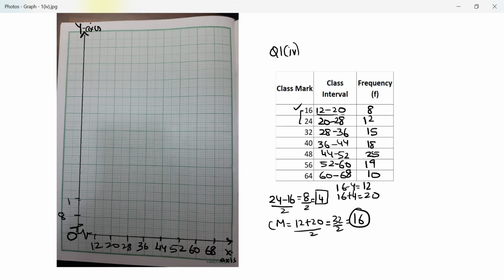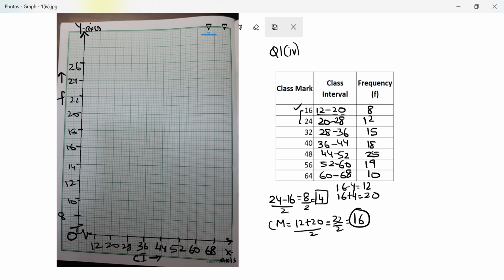This is 10. This is 12. This is 14. Next is 16, 18, 20, 22, 24. We have to go up to 25. So 26. Here I have plotted class interval going up in this way, and here I have plotted frequency.